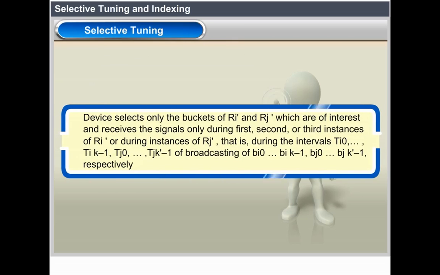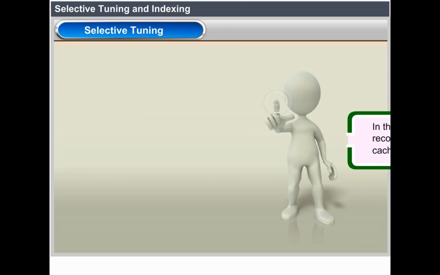Device selects only the buckets of Ri and Rj which are of interest and receives the signals only during first, second or third instances of Ri or during instances of Rj, that is, during the intervals Ti0 to Tik-1, Tj0 to Tjk-1 of broadcasting of Bi0 up to Bik-1, Bj0 up to Bjk-1 respectively.